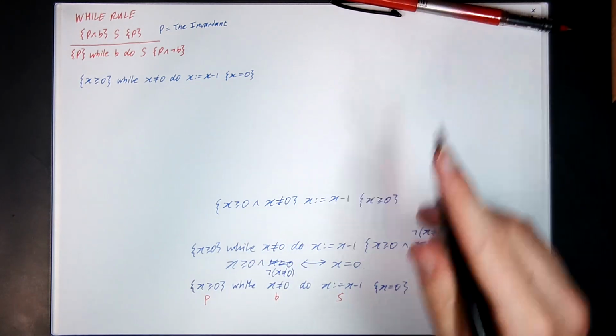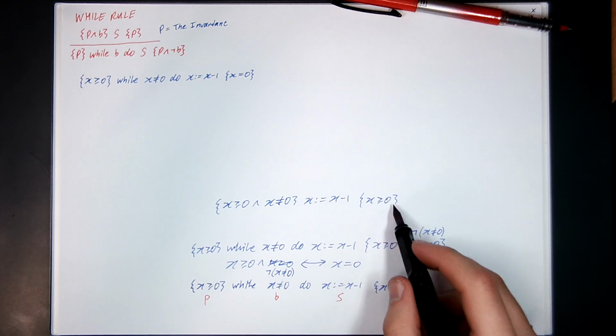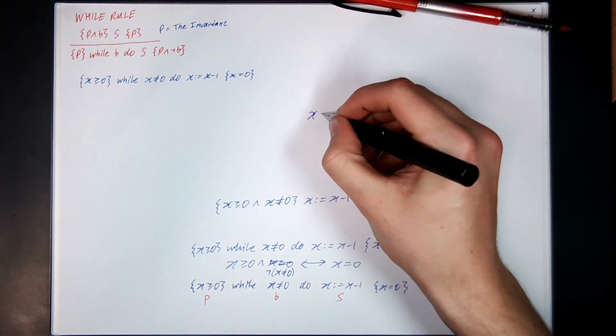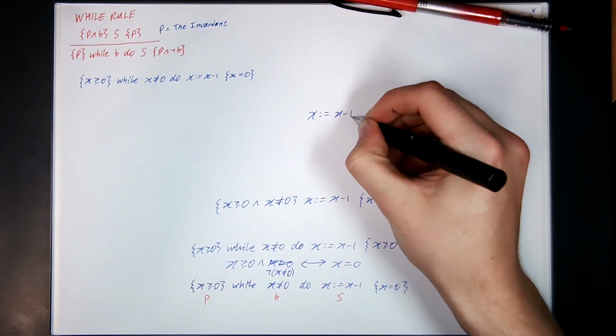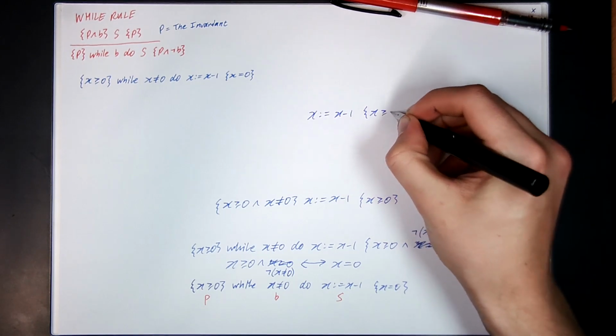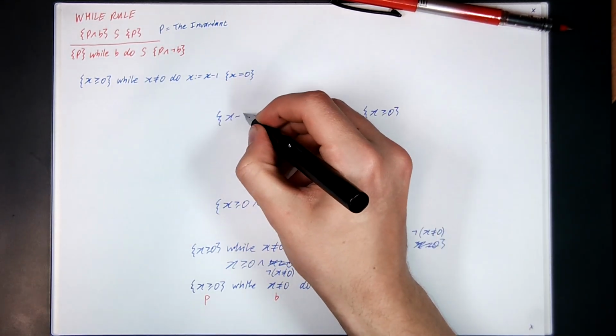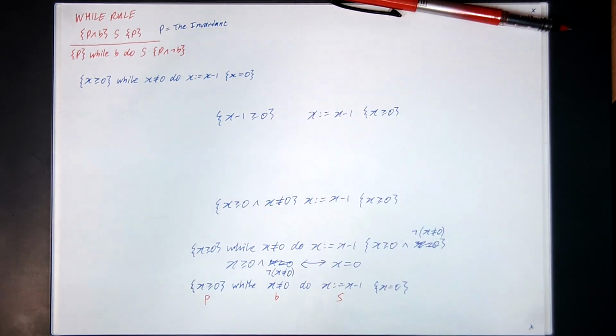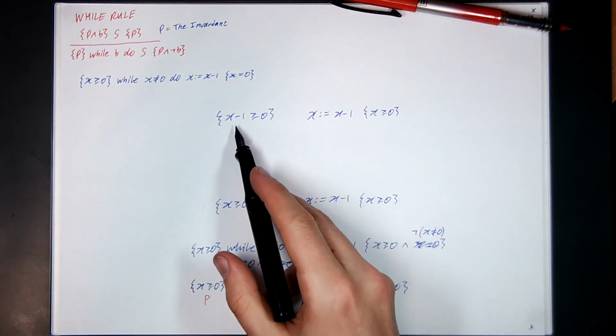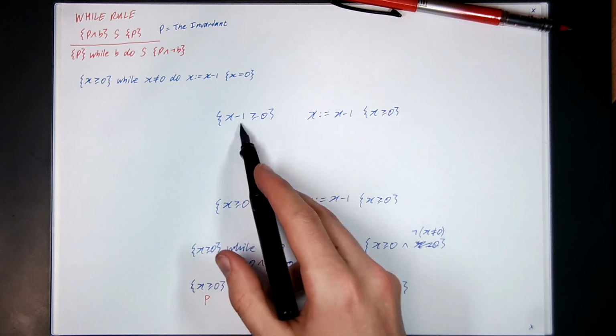So let's prove it. I'll do assignment backwards from the right-hand side like I usually do. So x assigned to be x take 1, x greater than or equal to 0. And I'll do assignment backwards, so replace the x with x minus 1. Okay, so this statement here says x minus 1 is greater than or equal to 0.